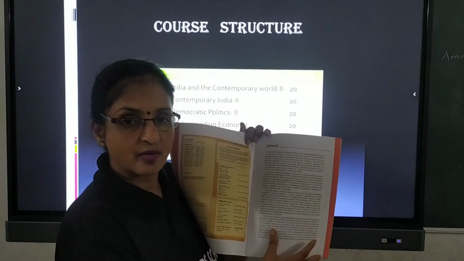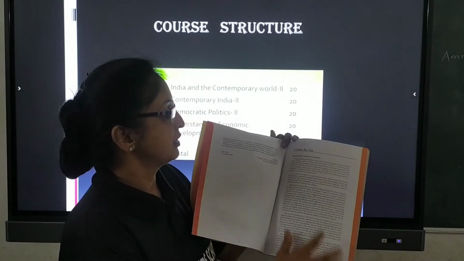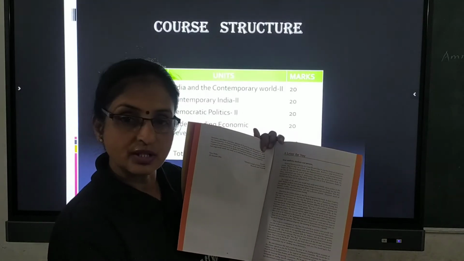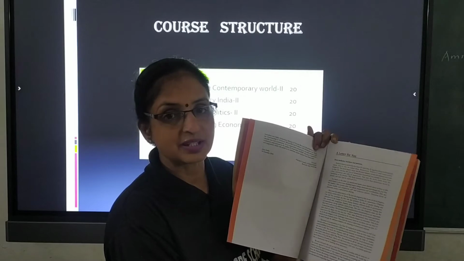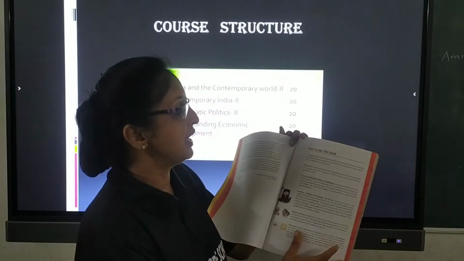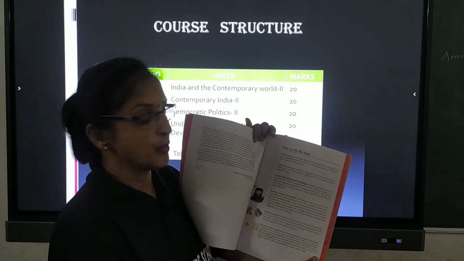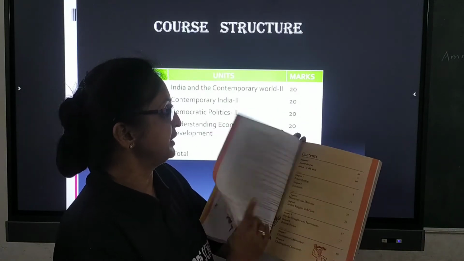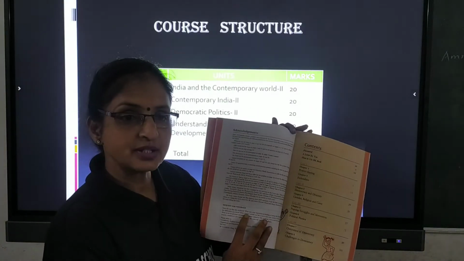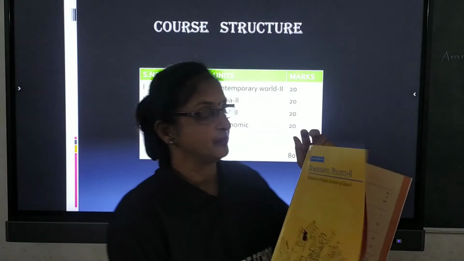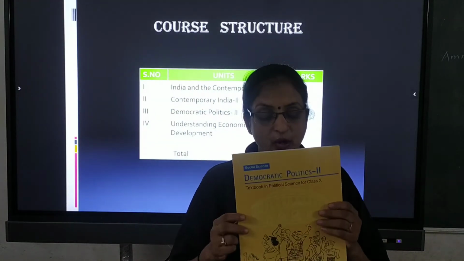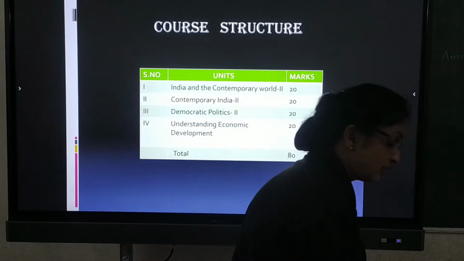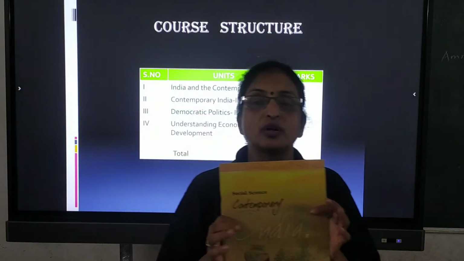Here the same foreword is given, a letter for the students, teachers as well as the parents. Then how to use this book. Next, the textbook development committee, acknowledgements and the contents. So this is your political science textbook.